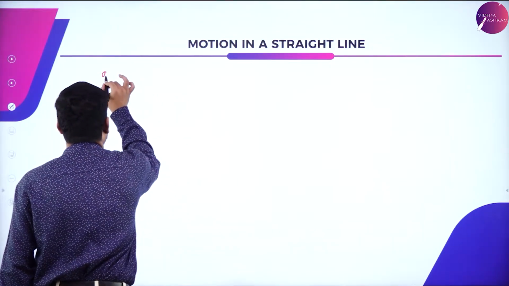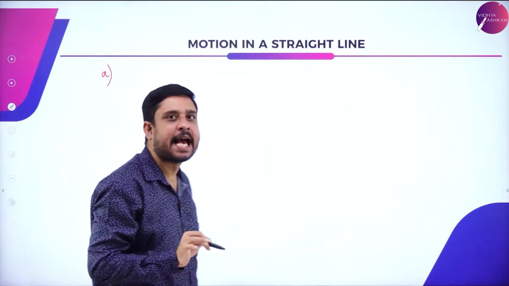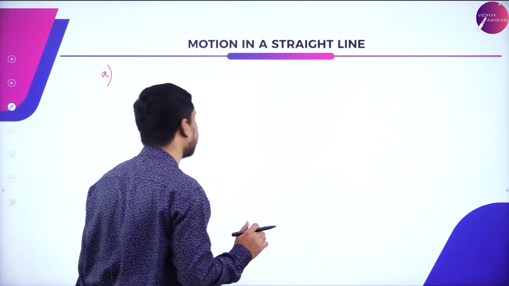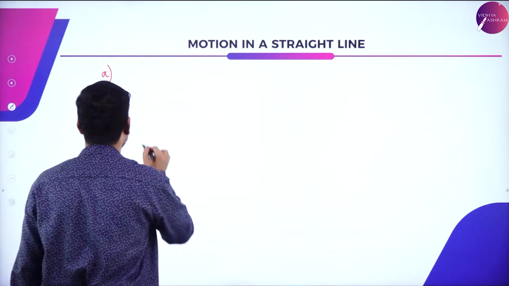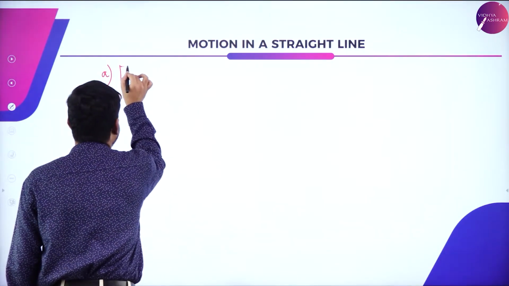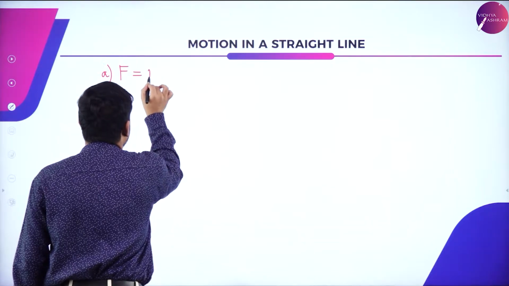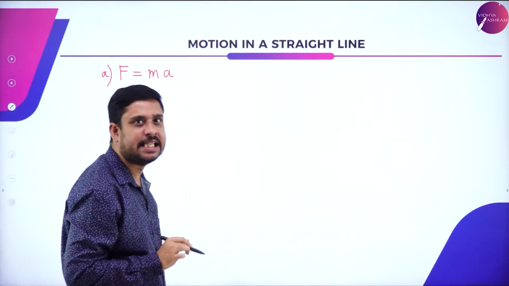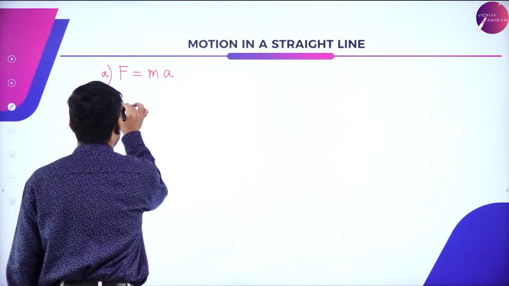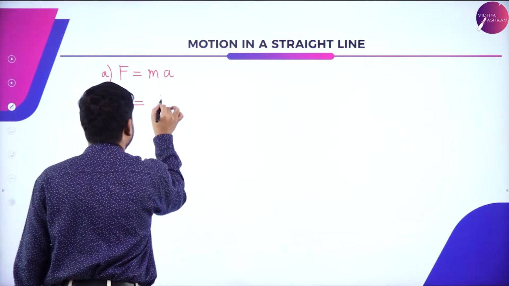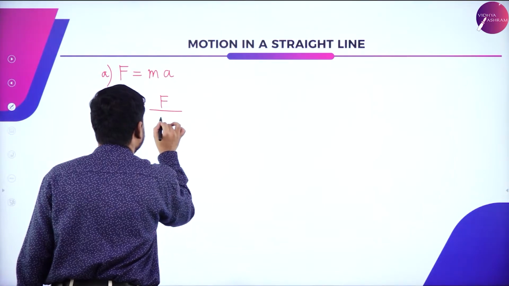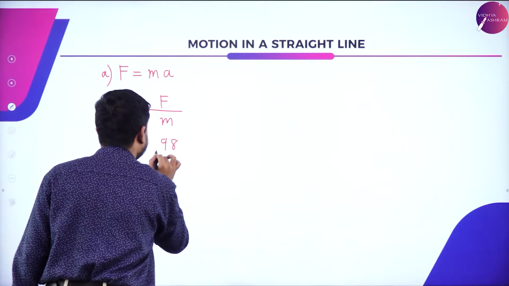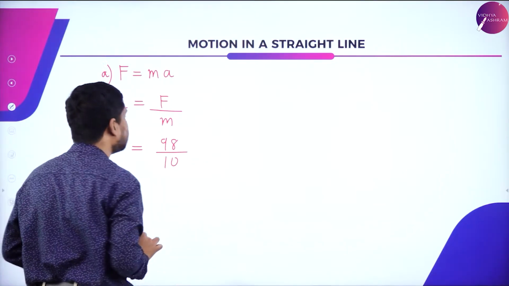To begin with, let us calculate the acceleration of the body, where we know from Newton's second law, force is mass into acceleration. Acceleration is F by m, 98 by 10.